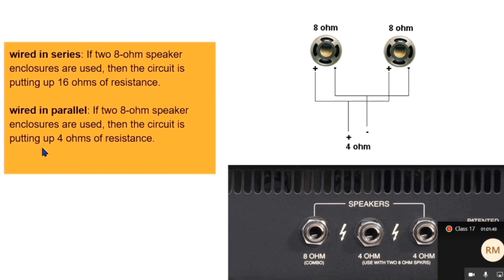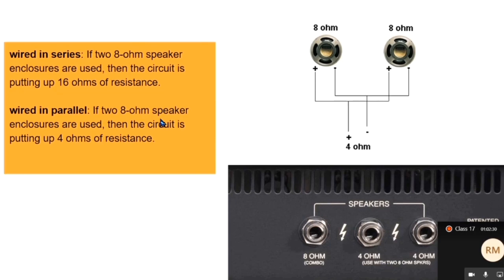So now those two 8-ohm speakers are generating a 4-ohm load. Okay, so this is important because if you have a power amp that's set to handle 8 ohms, say, you have two 8-ohm cabinets and you have them hooked in series, do know that that's a 16-ohm impedance. So if it's series, then it's twice as high. If it's parallel, then it's twice as low. So 8 ohms becomes 16 ohms in series, and 8 ohms becomes 4 ohms in parallel.